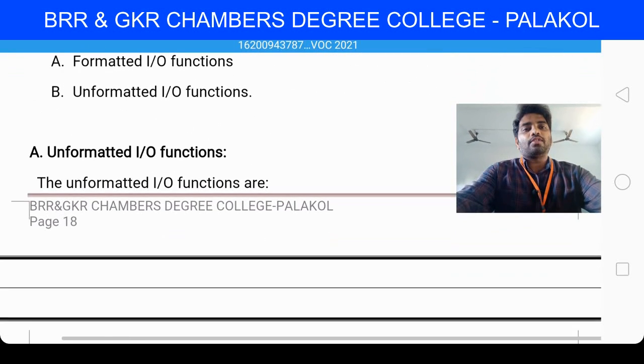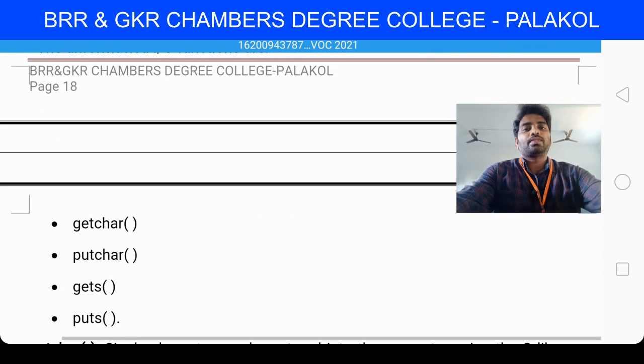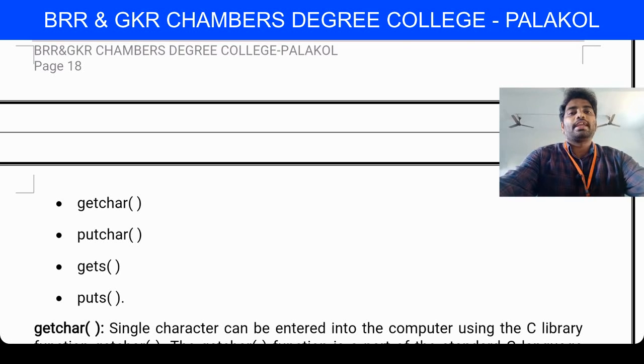Let's start with unformatted input/output functions. This is divided into four types: getchar. Get means read, char means character. One character is read using the function getchar. Next one, putchar. Put means print, char means character.